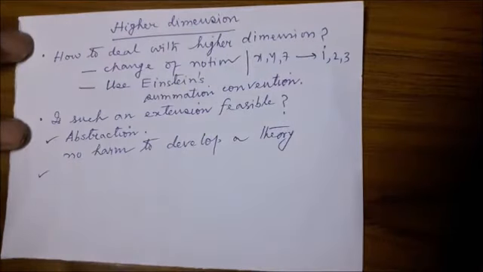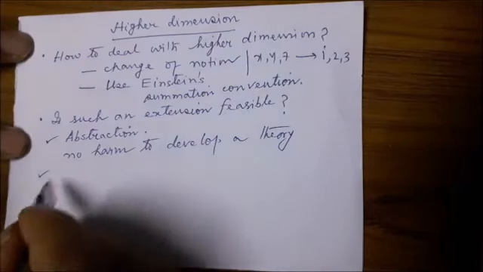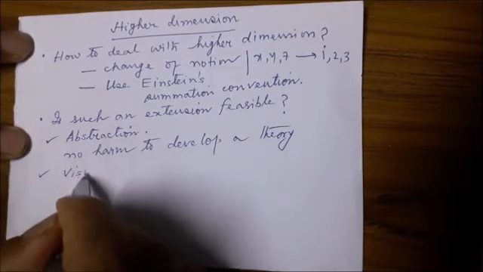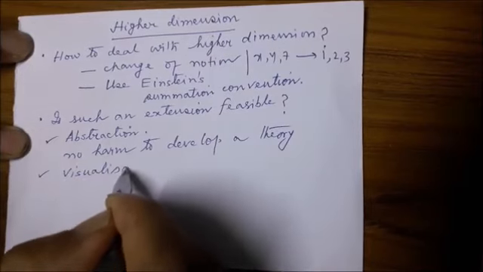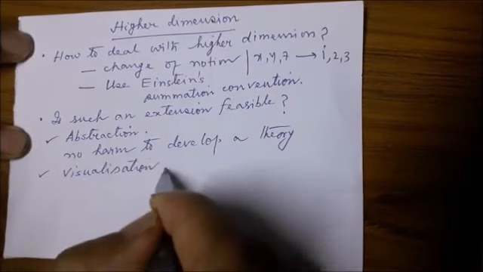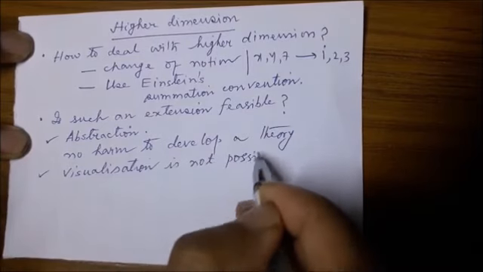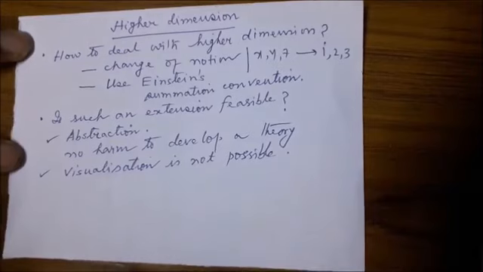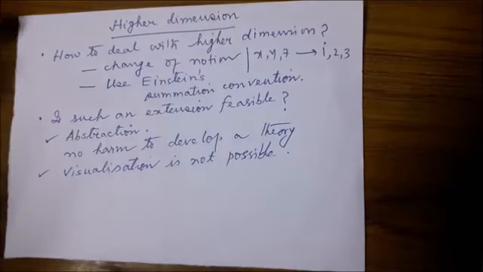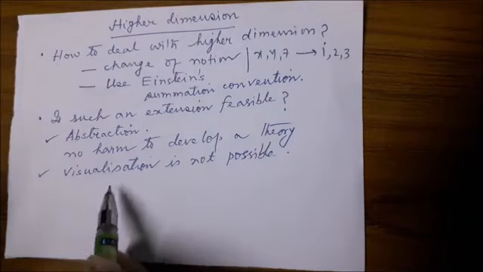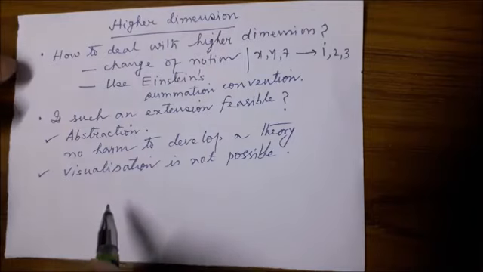Another thing is that, let us be very clear that visualization is not possible. In other words, we cannot think of 4 axes set at right angles to each other, and therefore visualization is not possible.